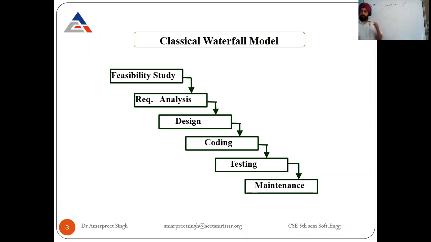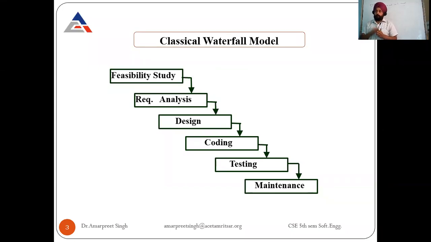we have done the software development life cycle, SDLC. So it had different phases. Those phases were feasibility study, requirement analysis, design, coding, testing, and maintenance. So the classical waterfall model is nothing but it depicts all the phases of the software development life cycle.